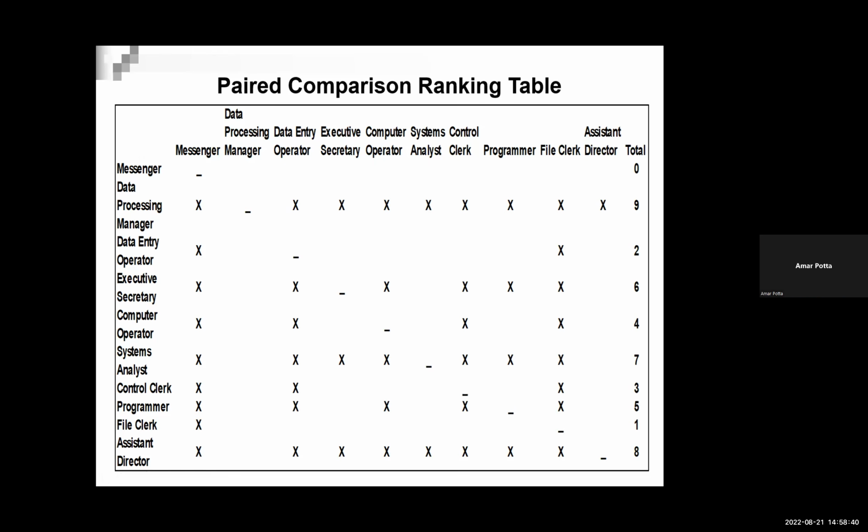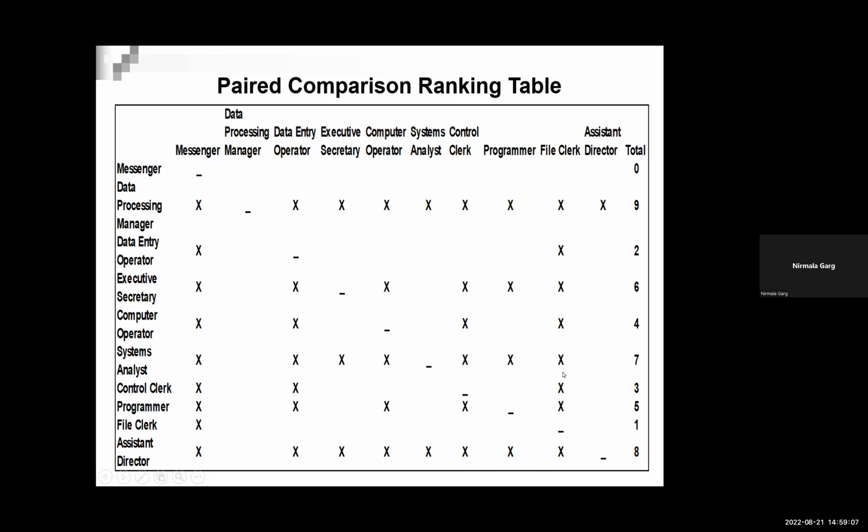Now, if you actually see here, can you see a file clerk, right? As rated 1. And then what is next? Can you see data entry operator as 2? And 3 is what? Control clerk, right? As 3.